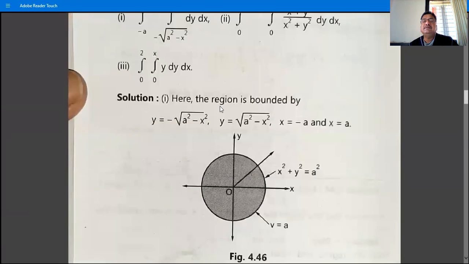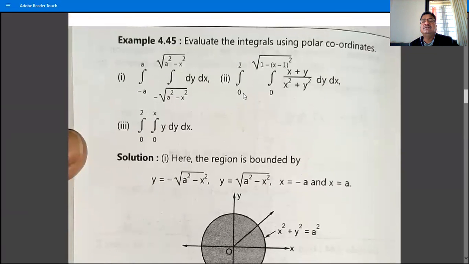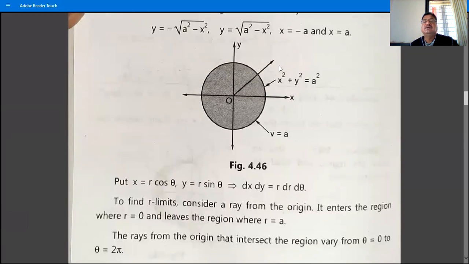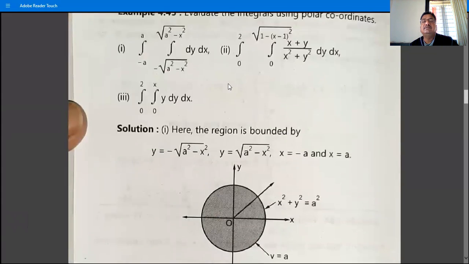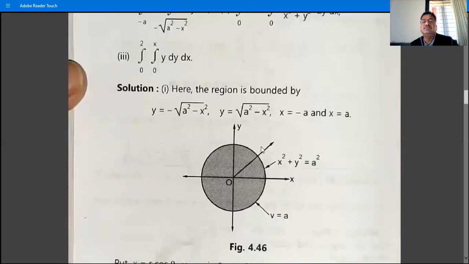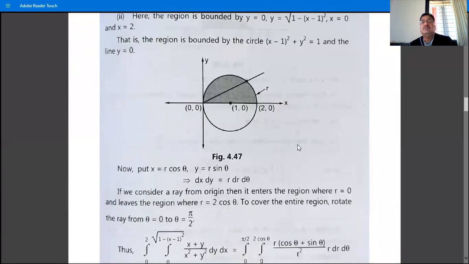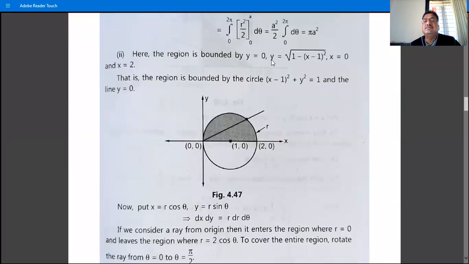Then the next problem is this: x from 0 to 2, and the limit on y is 0 to root of 1 minus (x minus 1) whole square. So x is 0 and x is 2. If we simplify this by squaring both sides, we have (x minus 1) whole square plus y square is equal to 1.